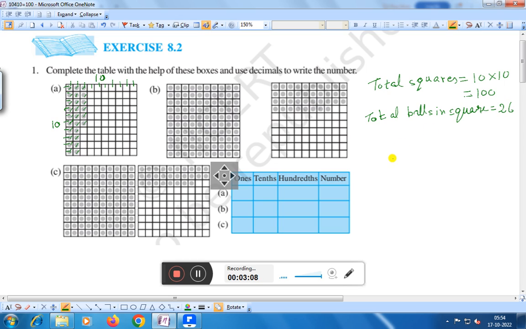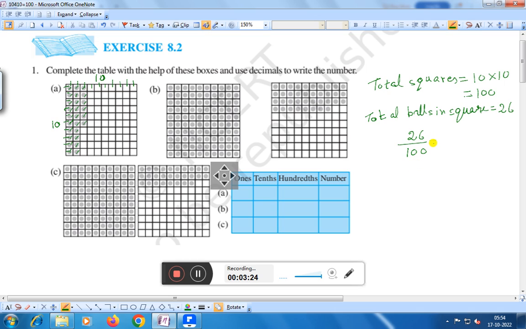And what is the fraction? The fraction out of 100: there are 26 balls in the squares. That is 26 by 100.